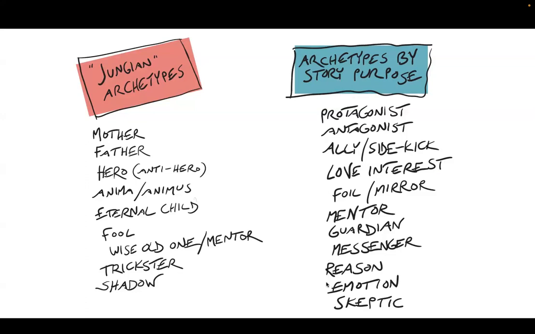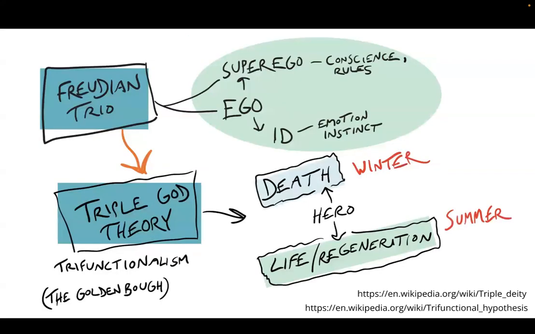And these three are the Freudian trio: reason, emotion, and the skeptic. And we have the trickster and shadow here as well. The trickster can be also the shapeshifter, and the mentor and fool.